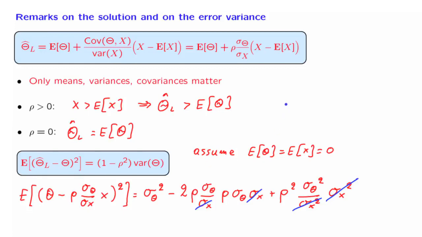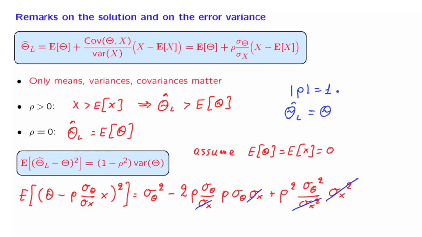In fact, there is an extreme case that's interesting, namely if rho is equal to 1 in absolute value, so if the random variables are perfectly correlated, then this term here becomes 0, and the mean squared estimation error is 0, which essentially means that our estimate is going to be equal to the unknown value.